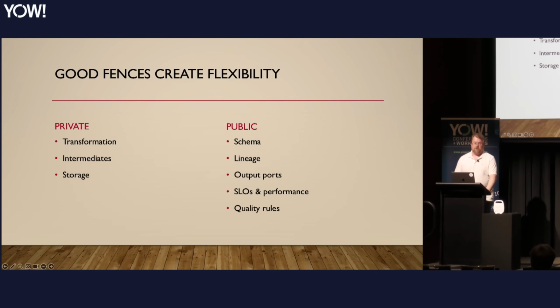The quality rules are assertions that the producer makes about how the attributes relate to each other and what's allowed in those attributes. You can think of not null as one of the most basic quality rules. But there are also quality rules about distributions. So this should be centrally distributed, this should be left skewed.